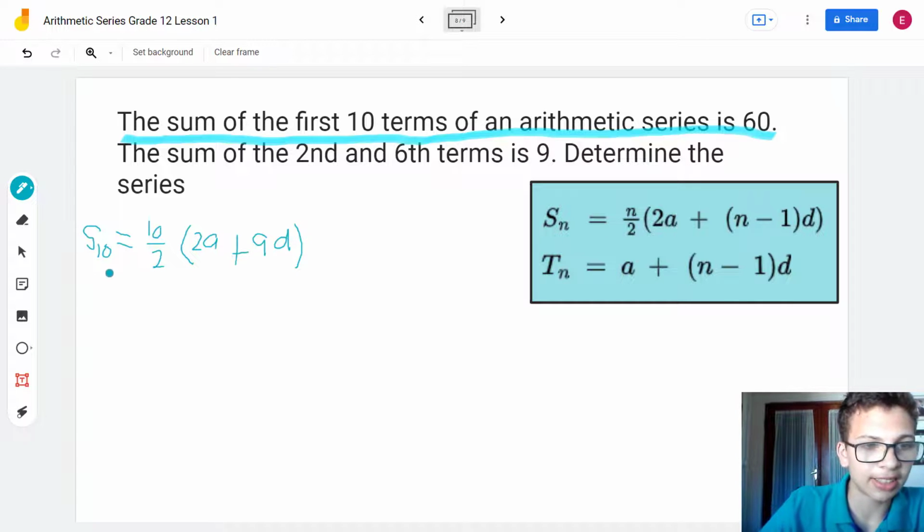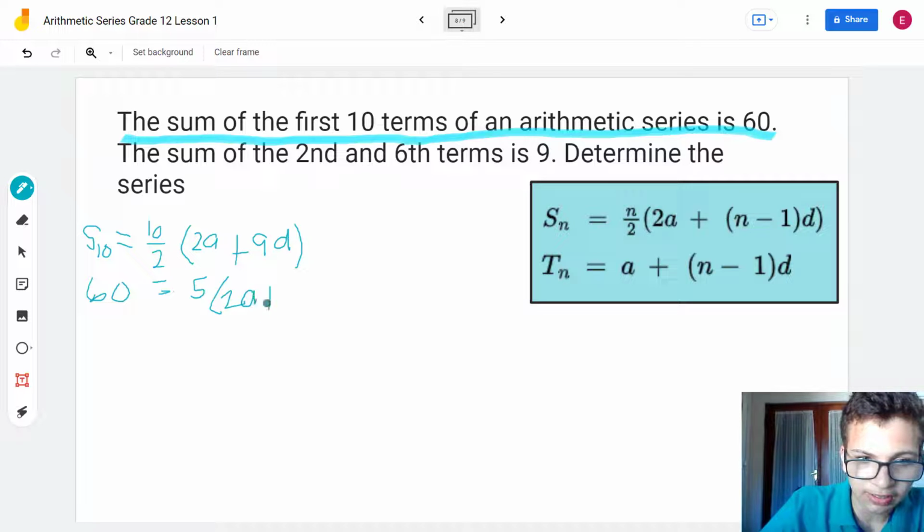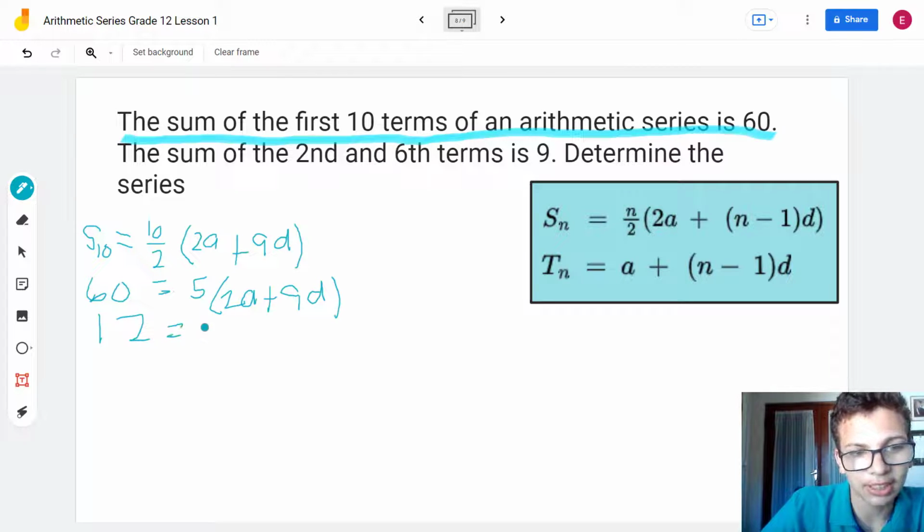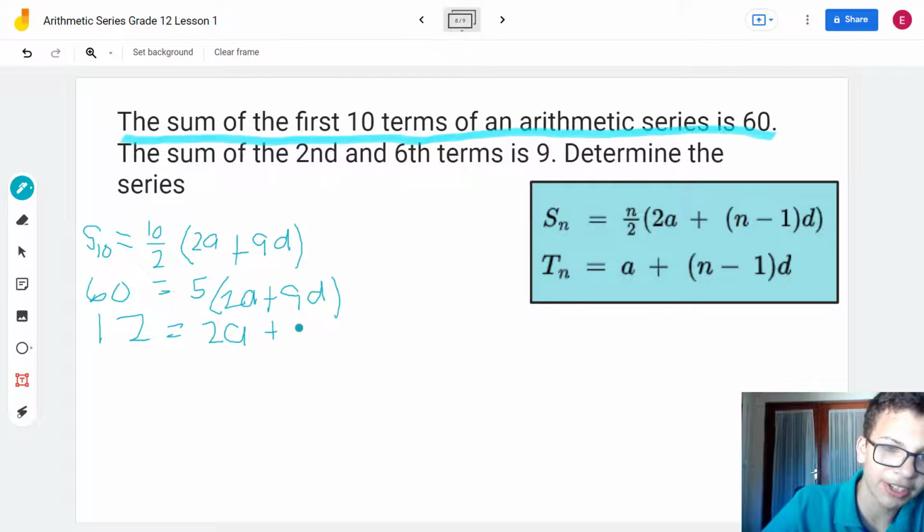Okay, and S10 is 60, so we get 60 equal to 5 times 2a plus 9d. Okay, and we can divide by 5, we get 12 equals 2a plus 9d. Okay, and then I think that's the simplest form of our equation, and that's going to be our equation 1.